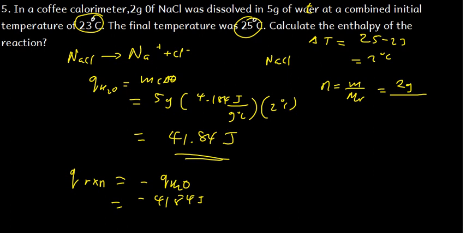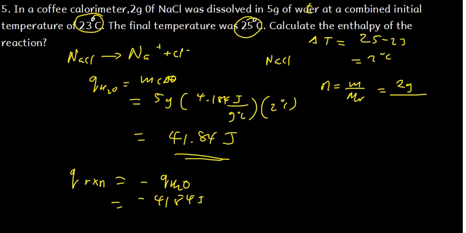Let me just check through the periodic table to check the masses. So our sodium is 22.98977. And then we are going to add the molar mass for chlorine, and our chlorine is 35.453.